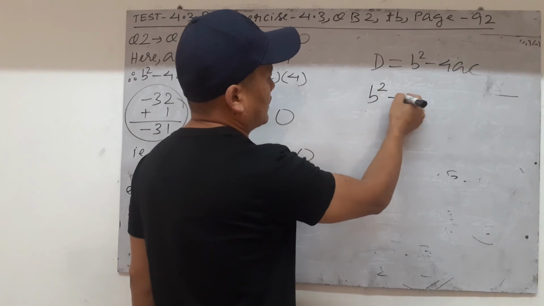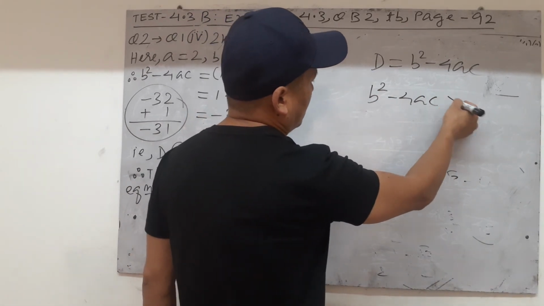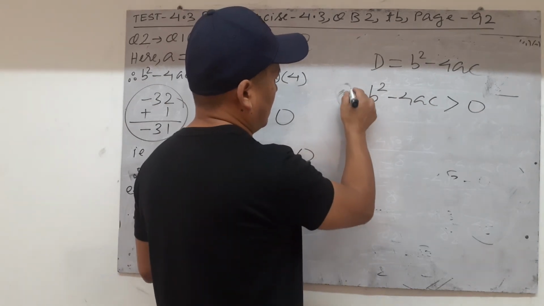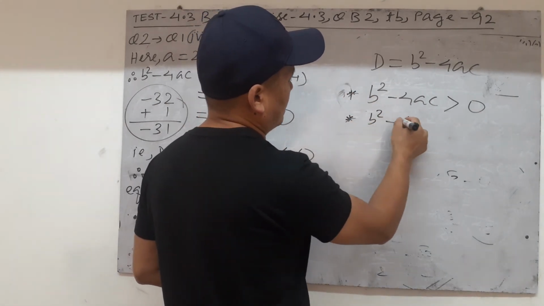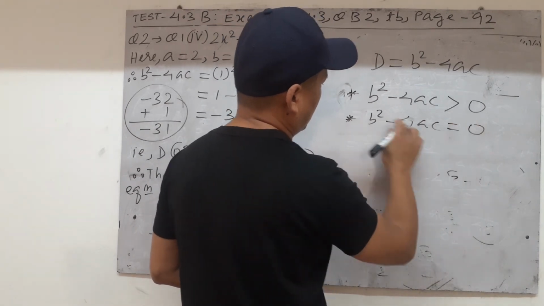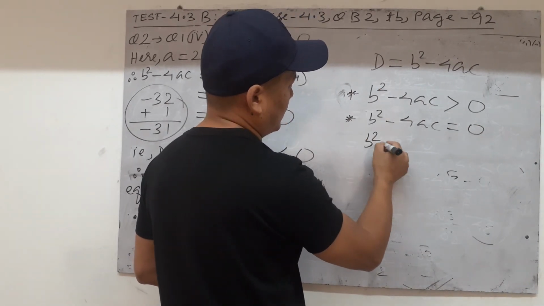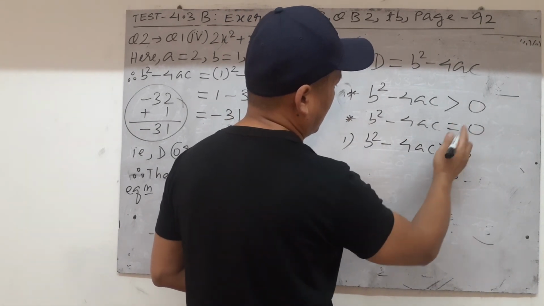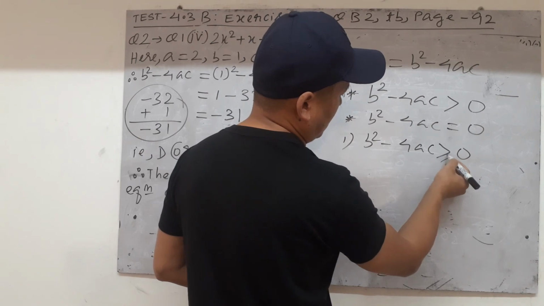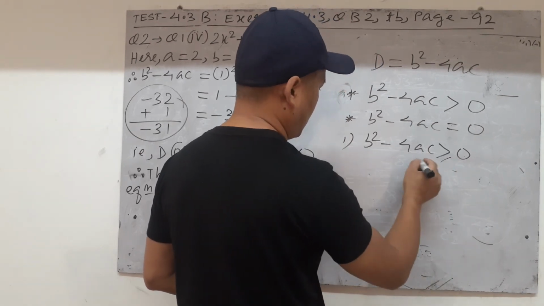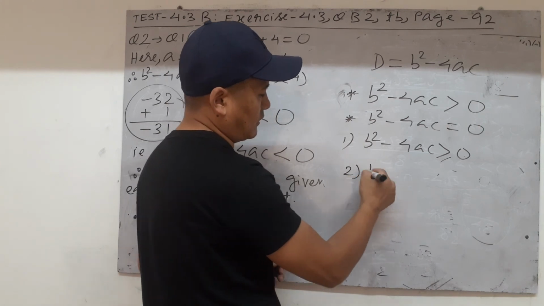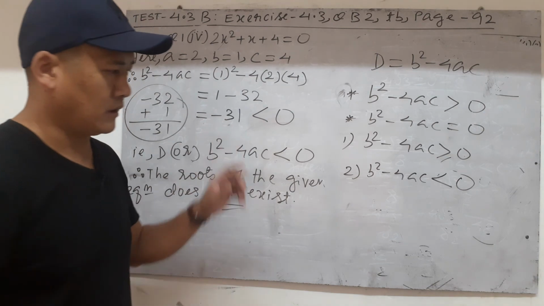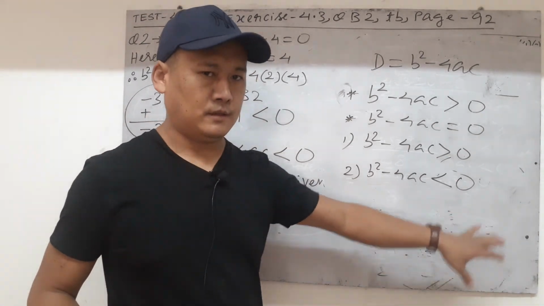If this b square minus 4ac or d is greater than 0, or if it is at least equal to 0, then we club these two together: b square minus 4ac greater than 0 like first, or equal to 0 like the second, then the roots exist. Second one is if b square minus 4ac is a negative number, means less than 0, like this minus 31, the roots do not exist. Okay, so learn that.